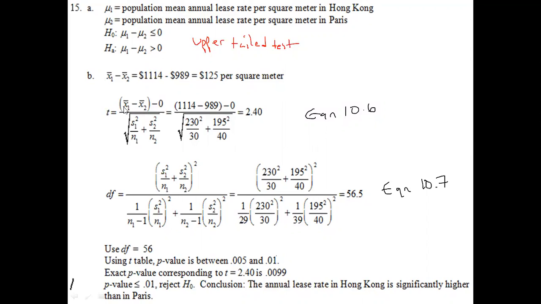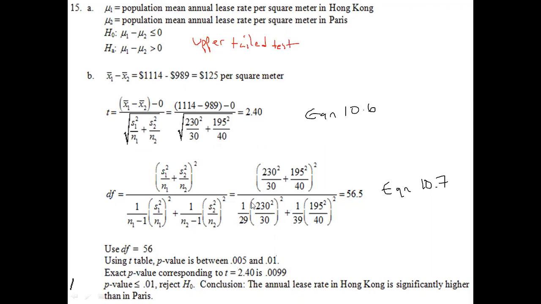So we have the difference, 125 minus 0, because we want to see if there's any difference, divided by the square root of the sample standard deviation 230 squared over the sample size n1 equal 30, plus 195 squared, which is s2, divided by the sample size of 40, and we come up with 2.40. Now this is equation 10.6 in our book.